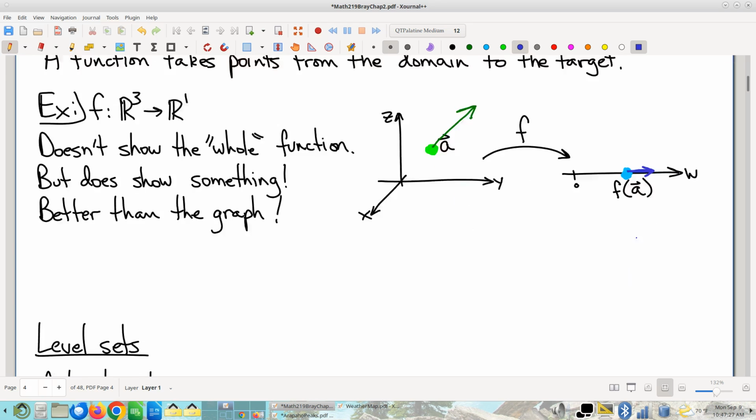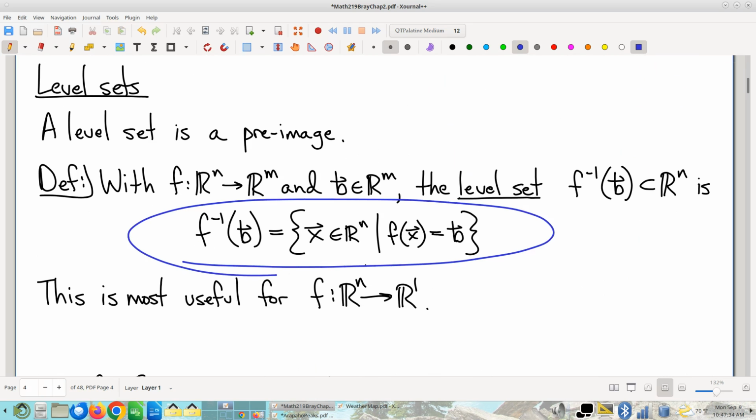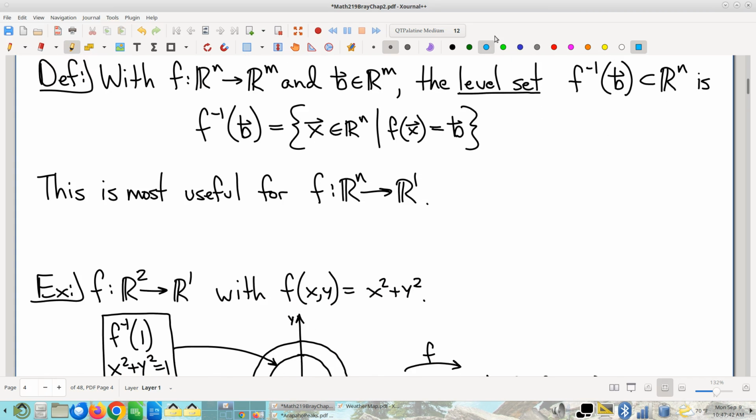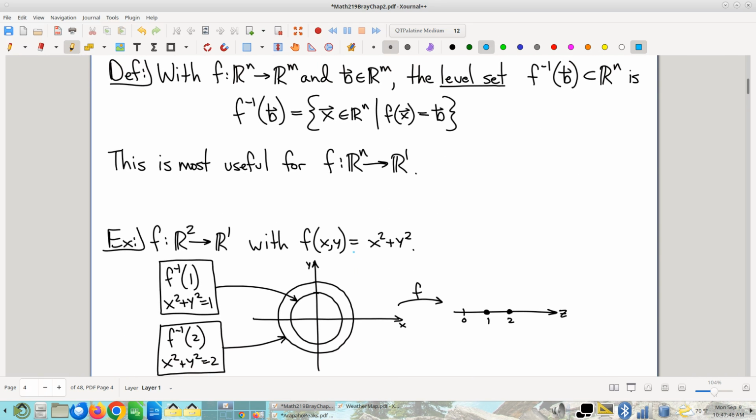Okay, let's talk about level sets. And again, here's a bunch of strict legalese. What's the strict definition of a level set? The big idea of a level set, let's look at this picture down here, is we're going to pick an output value, for example 1.